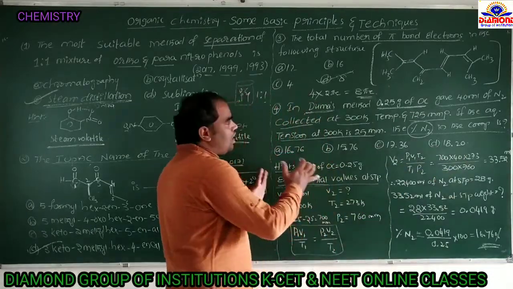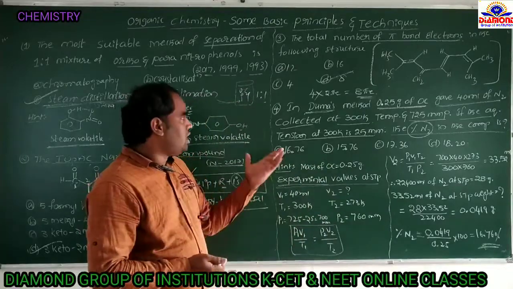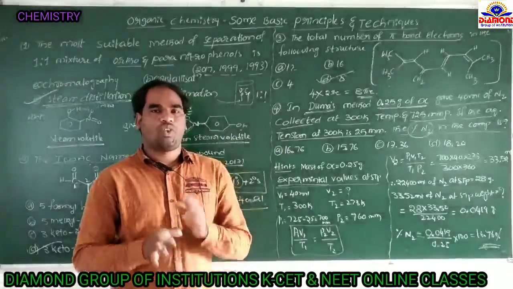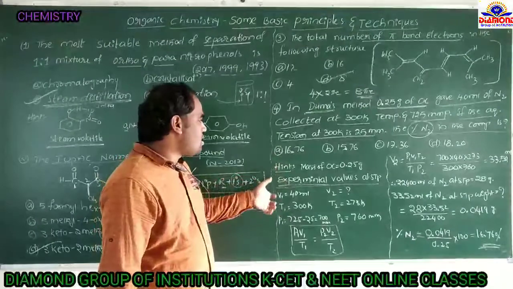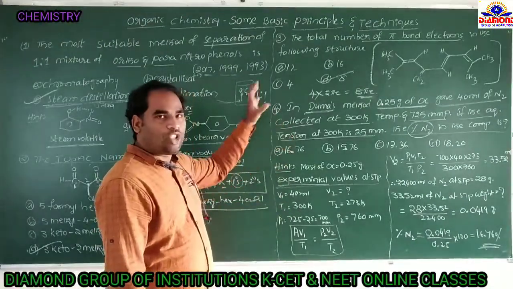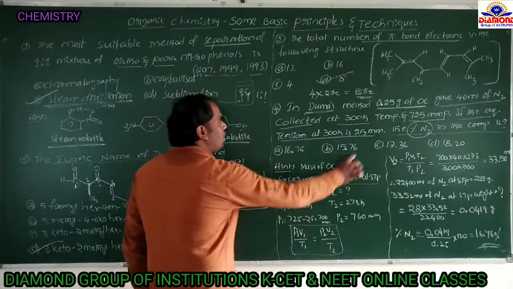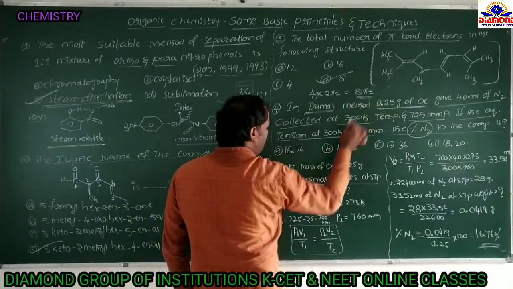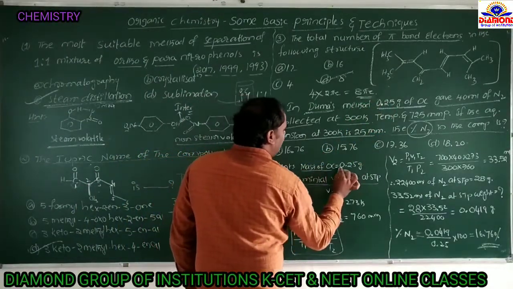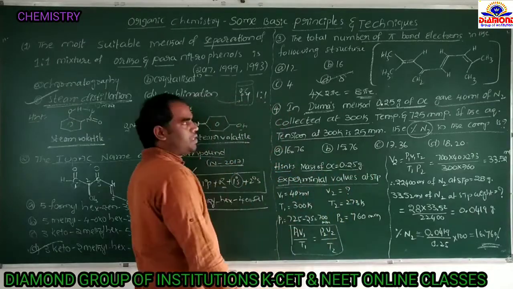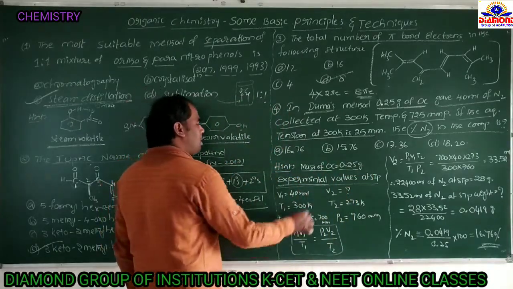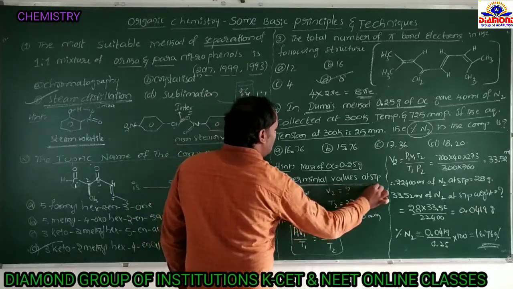For any type of these questions, first we have to write the data given in the question. First, the mass of the organic compound is 0.25 grams. Next, experimental values and STP values.